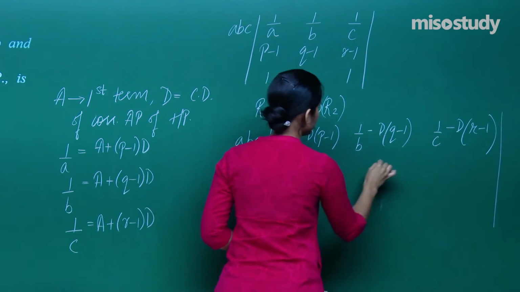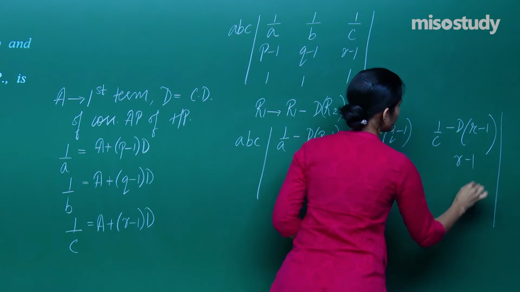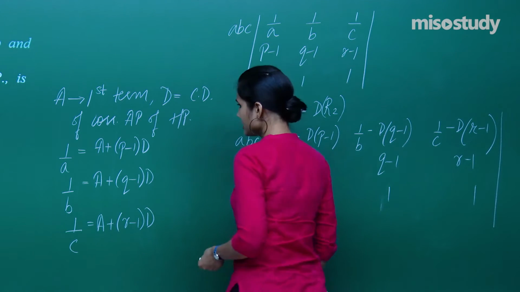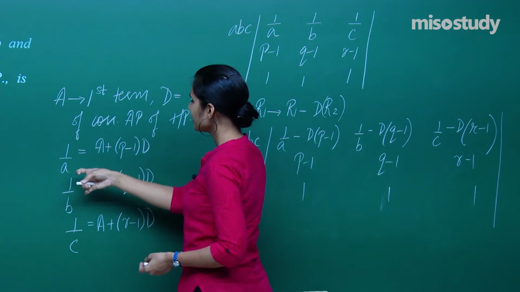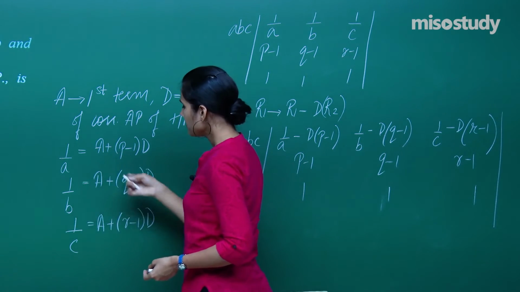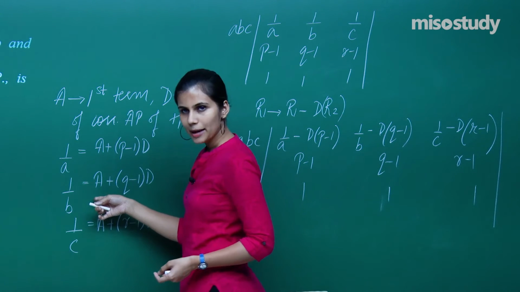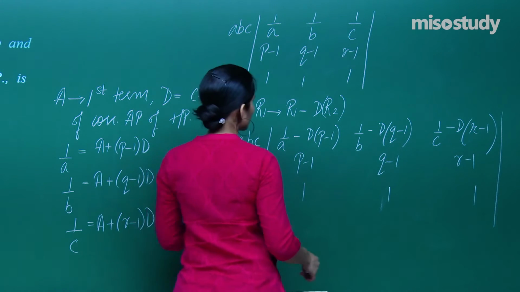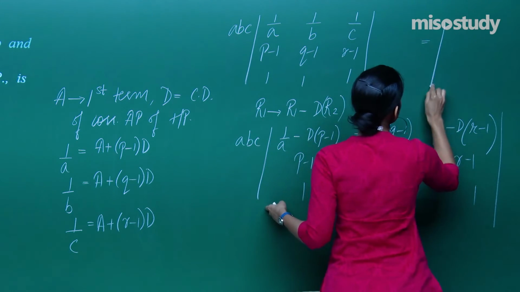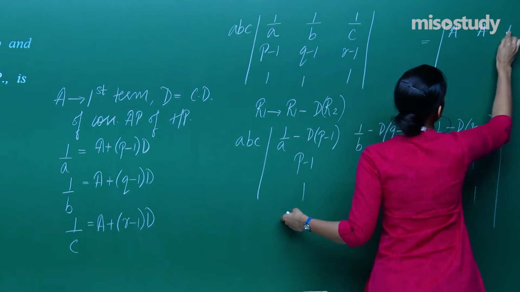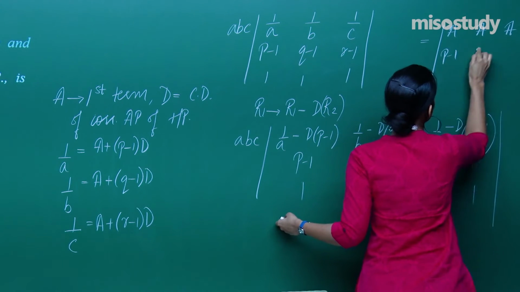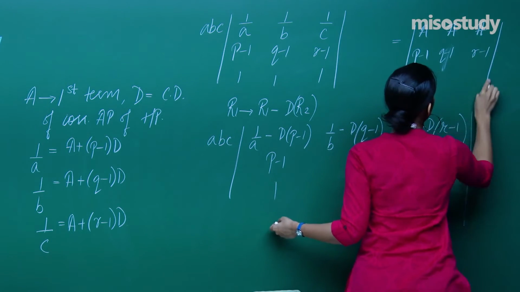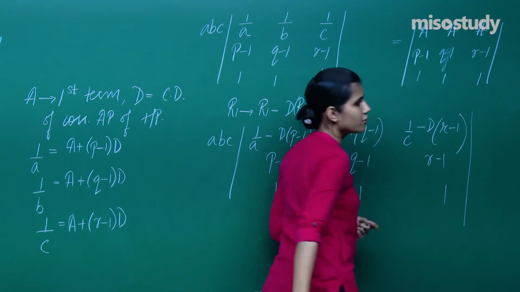What is this? 1 by a minus (p minus 1) into d is capital A, 1 by b minus (q minus 1) into d is again capital A, and 1 by c minus (r minus 1) into d is again capital A. So your first row is completely replaced by A, A, A, then p minus 1, q minus 1, r minus 1, 1, 1, 1.